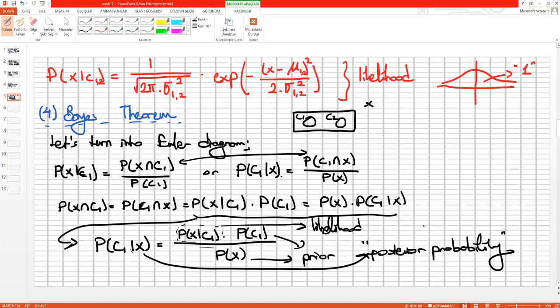So this is also a classification problem, by using the likelihood function. If we have any model in here, like mu and standard deviation values, we can utilize the prior probability, and then we can reach the posterior probability for a new x data in order to create this model. This is called the Bayes theorem.